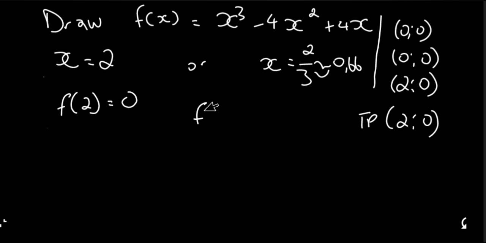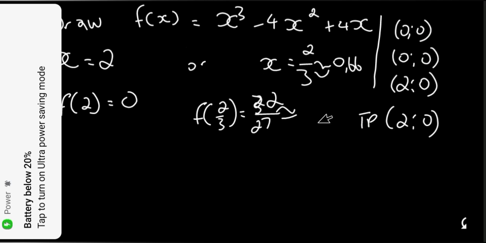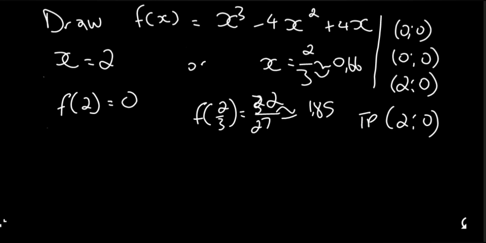So f of 2 all over 3, you're gonna get 32 all over 27, which is approximately 1.85. Then our other turning point is gonna be 2 all over 3 paired with 32 all over 27. Now let us sketch.